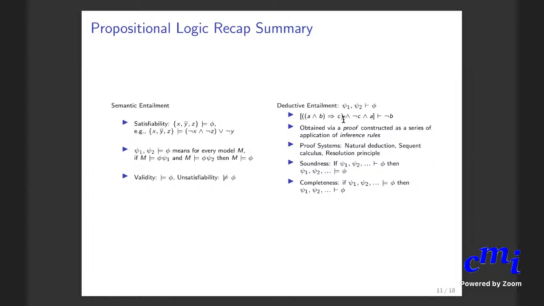We already saw in the motivation example an instance of this kind of deductive entailment, saying that knob B follows as a consequence of these three.